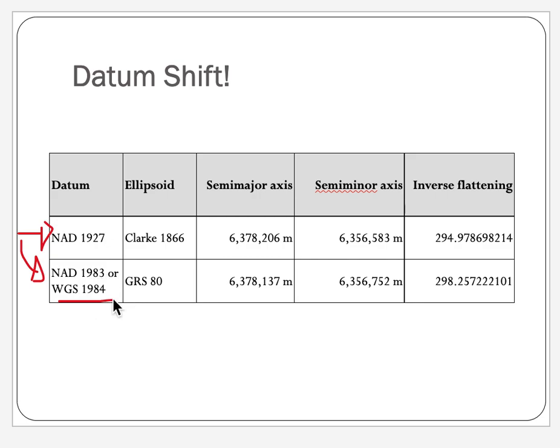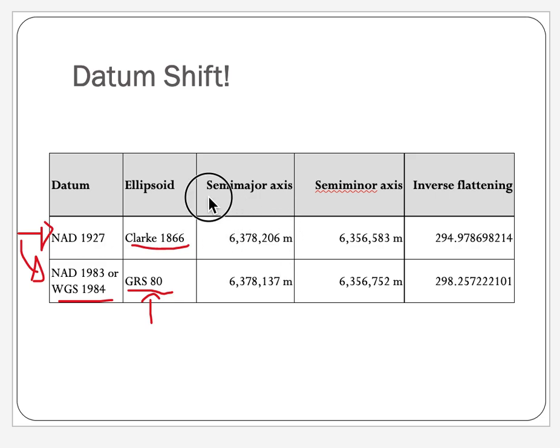But currently, NAD 1983 is getting replaced with a more accurate geographic coordinate datum. So again, NAD 1927 uses Clark 1866, which is a local reference ellipsoid, and NAD 1983 and WGS 1984 use the same global referenced ellipsoid based on the origin and the center of the Earth.